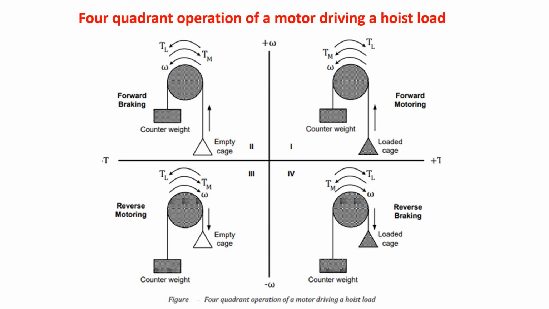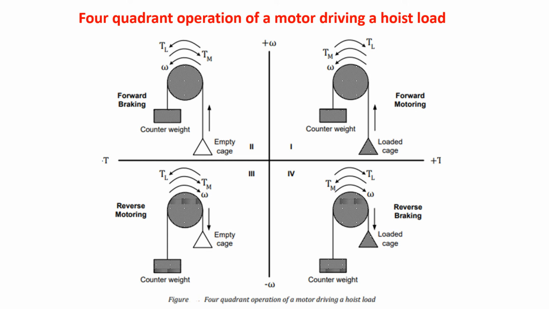In the case of quadrant 2, if you consider the empty gauge moved in upward direction, you know that you are selecting the counterweight in such a manner that the weight of the counterweight is higher than your empty gauge, so it is easy to pull up.